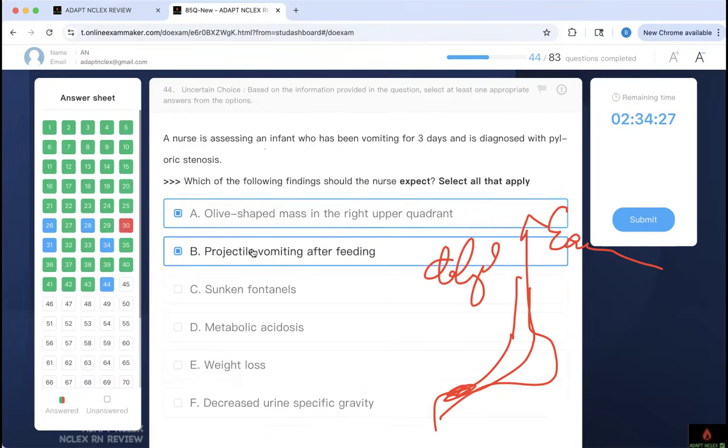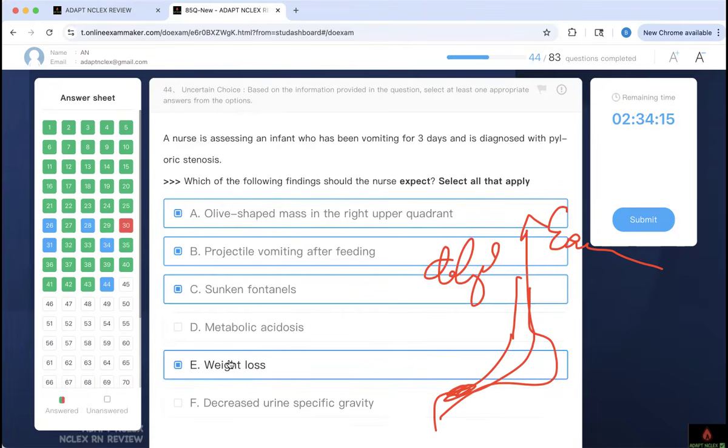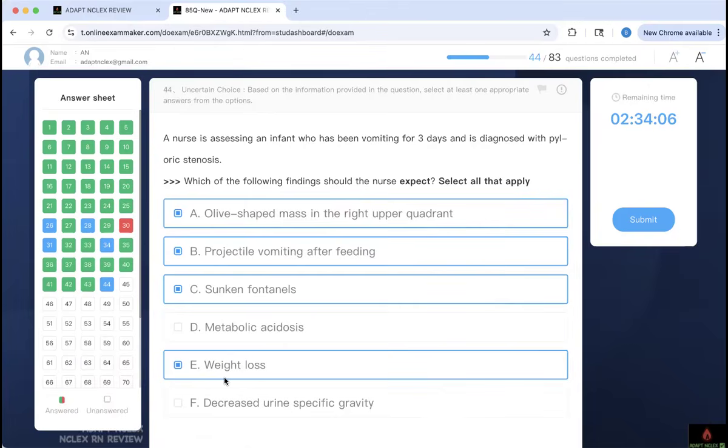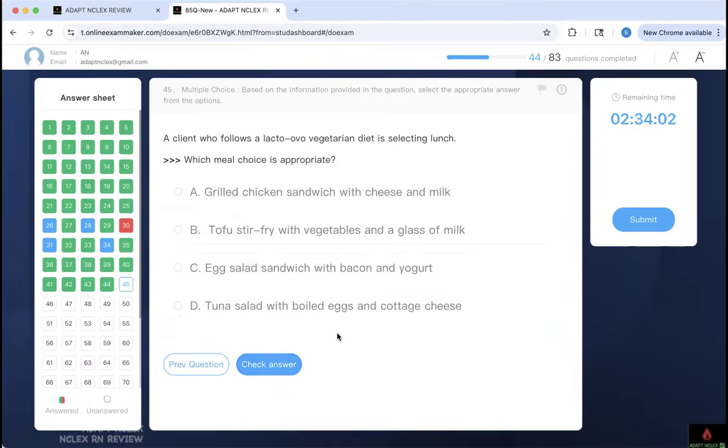If you vomit, your fontanelle will sink. Since you're losing acid, you get metabolic acidosis. You're going to lose weight due to dehydration. And your urine specific gravity is supposed to increase because of the dehydration. So I'm using the concept to answer the question. I want you to do that.